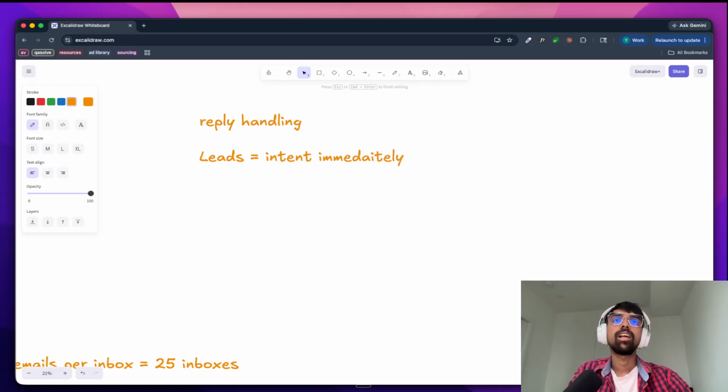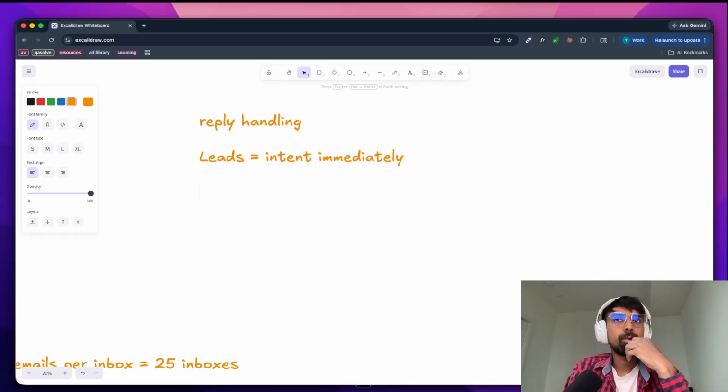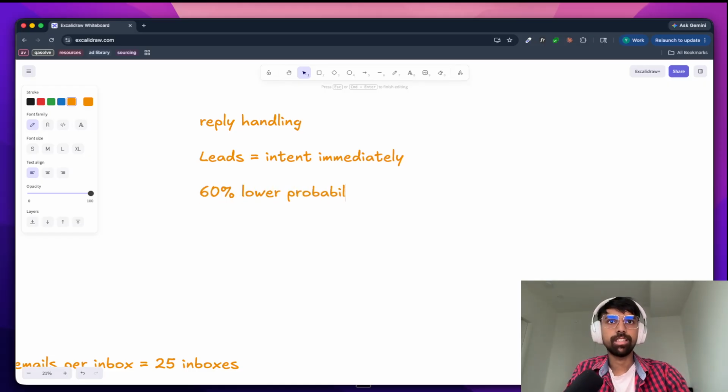If somebody is looking at their email inbox and replying that, okay, maybe this could work, or they're replying, okay, yeah, let's discuss, and if you reply after 30 minutes or, God forbid, 2 hours, then it's an extremely lower probability. It's like 60% lower probability of you closing the deal, essentially, of getting them on a call in the first place.